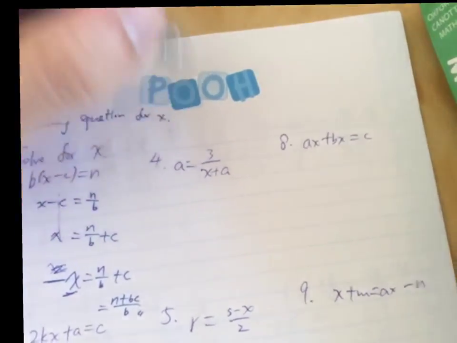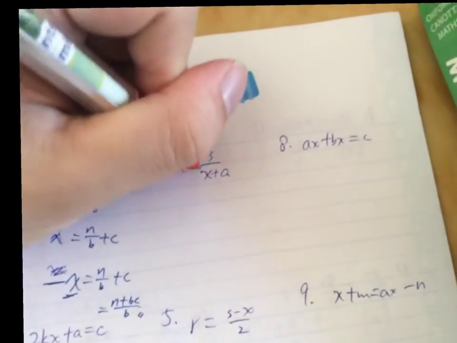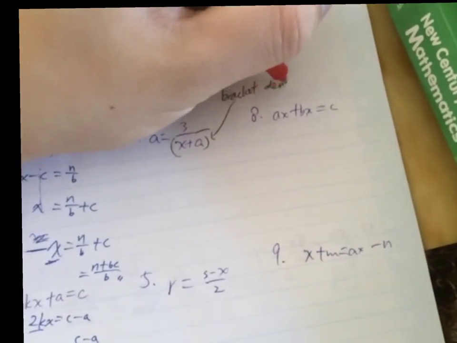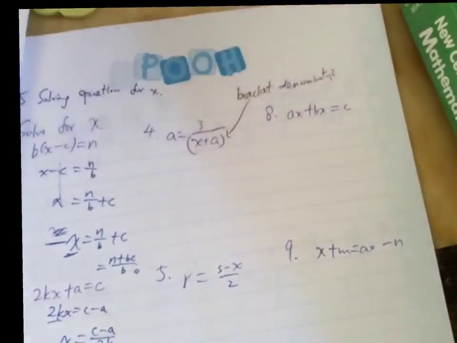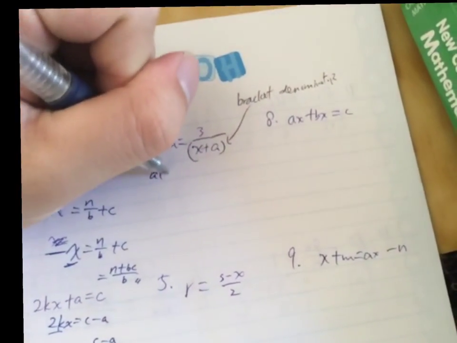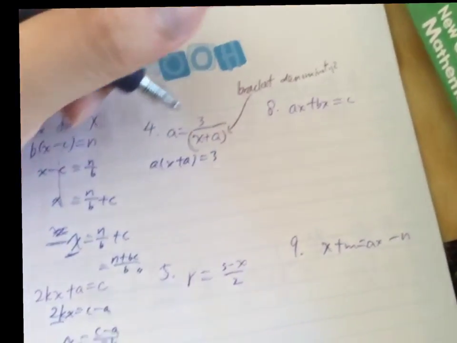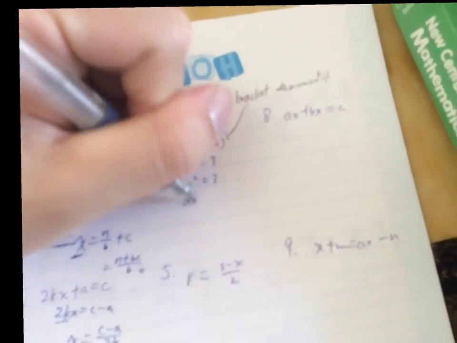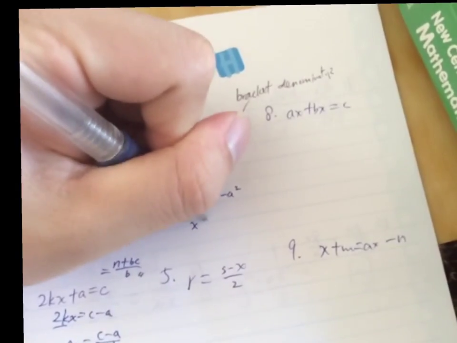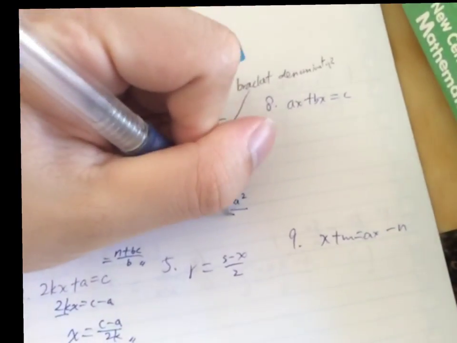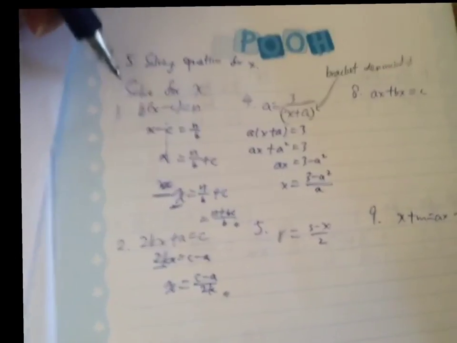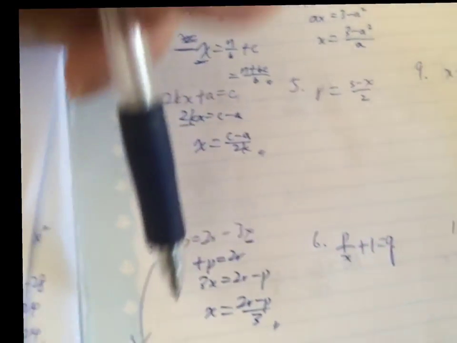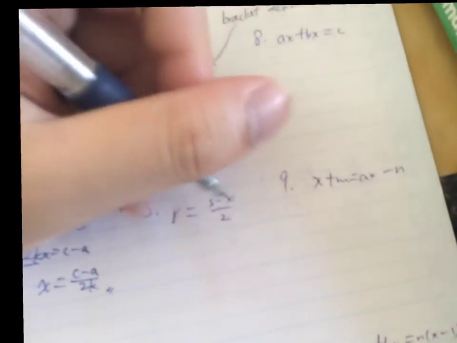Bracket the denominator if there's a, because the whole factor, when you multiply to the left hand side, you need to multiply the whole factor, and you can expand it out, and you can move the a left. So the concept of solving equation for x is to find out what is x.